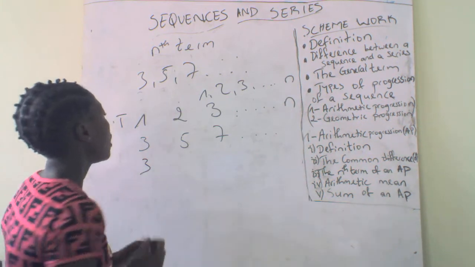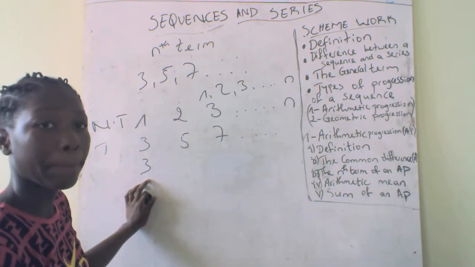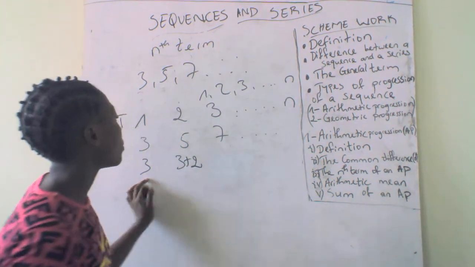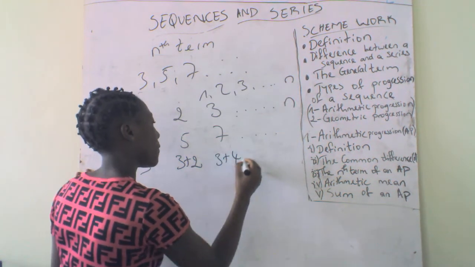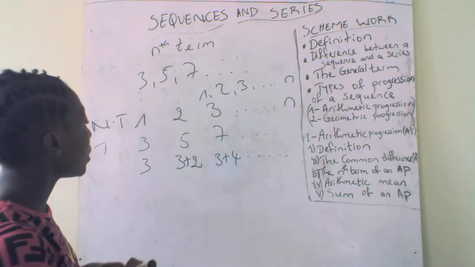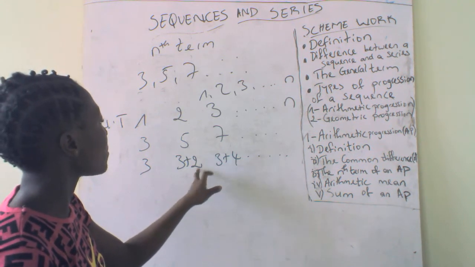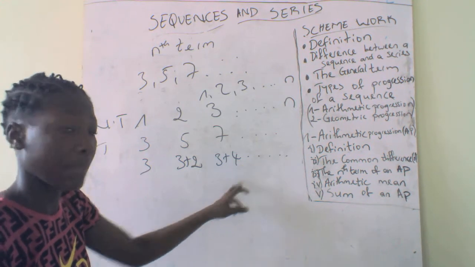Now, we write 5 in a way that 3 can appear, which can be 3 plus 2. We do the same for 7 here. It can be 3 plus 4. Now, we look for a way that these other terms can have coefficients. That is, we put it in a multiplicative way.